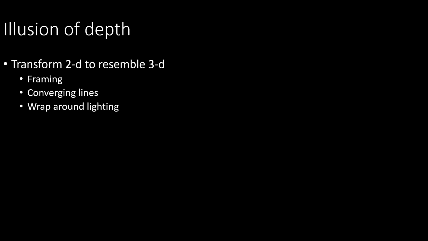A painter has a flat canvas. Somebody who's drawing a picture has a flat piece of paper. And a photograph turns itself into a flat print. But pictures don't have to look two-dimensional. They can resemble something that has depth, and we call that the illusion of three-dimensionality.